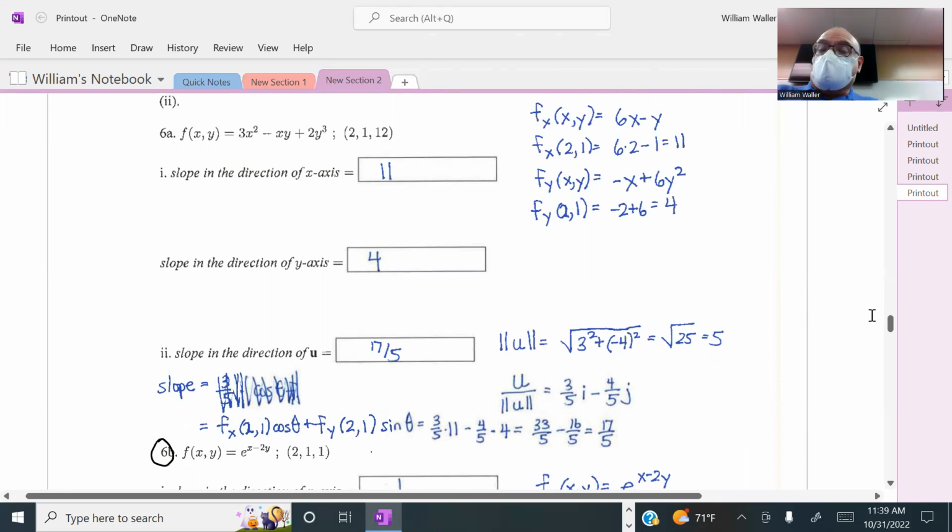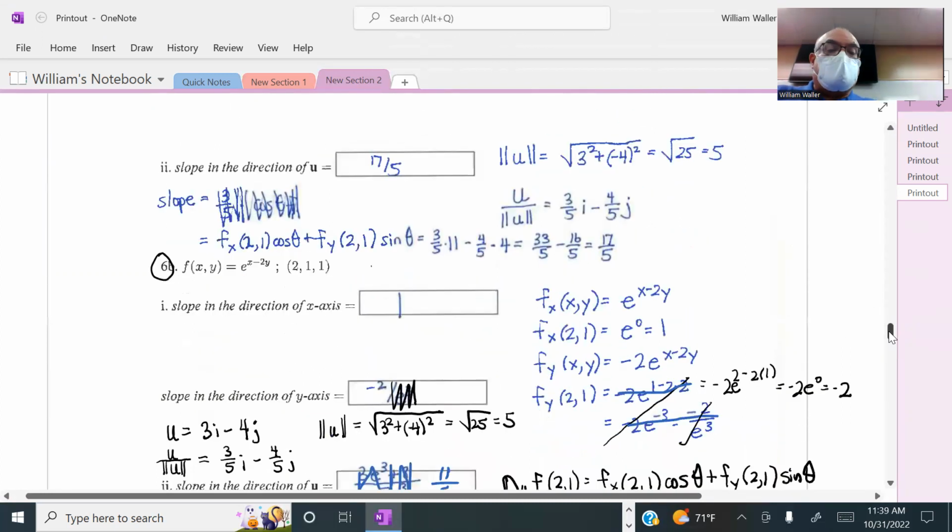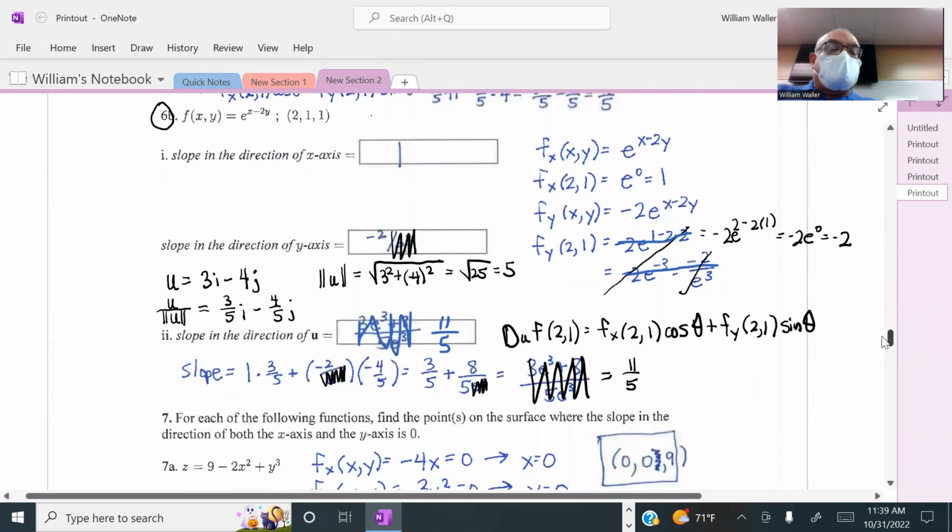So when I was finding the slope of that surface in the direction of the vector u, which is given, well, here's the vector u, I was trying to find the slope of this surface in this direction, starting from this point.